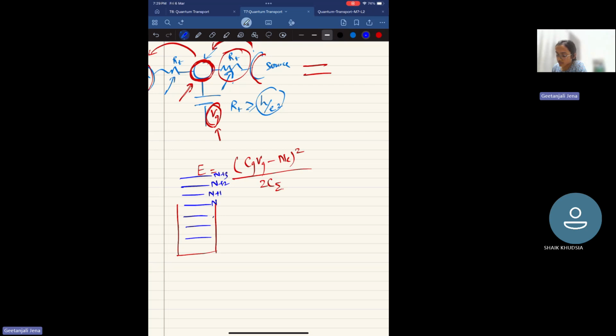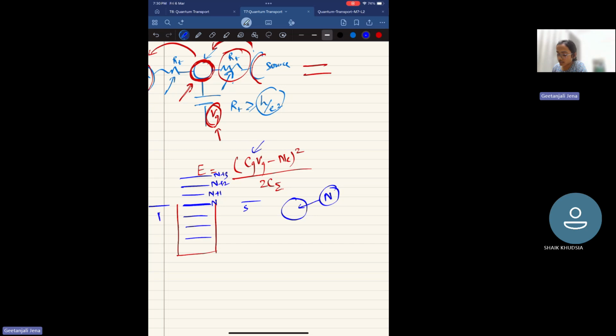So for zero gate voltage, initially the island, the quantum dot, has n number of electrons. Initially it is n. For that case, the energy level is properly aligned with the source and the drain.